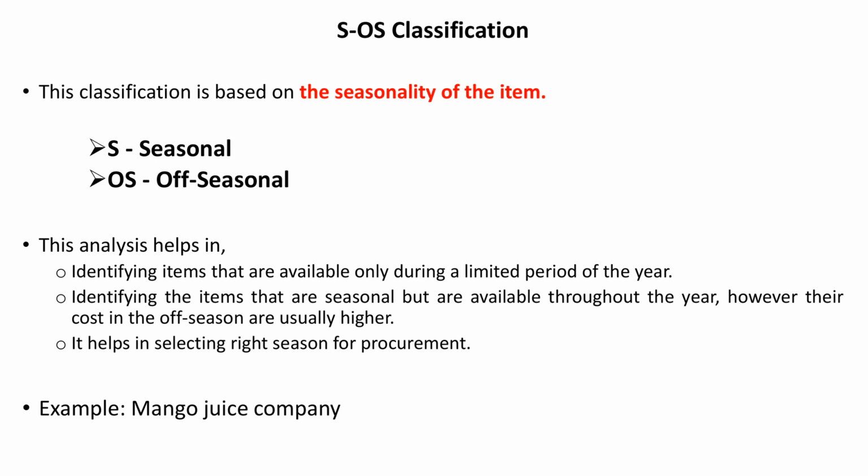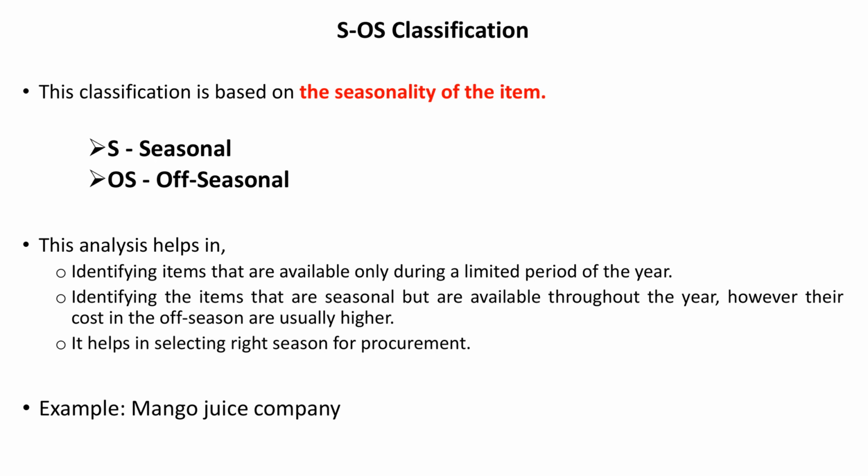SOS classification. This classification is based on the seasonality of the material item. S stands for seasonal, OS stands for off-seasonal material items. SOS analysis helps in identifying items that are available only during a limited period of the year.